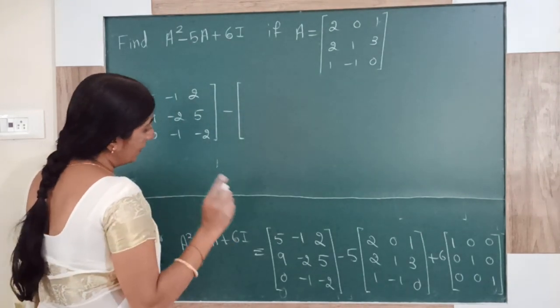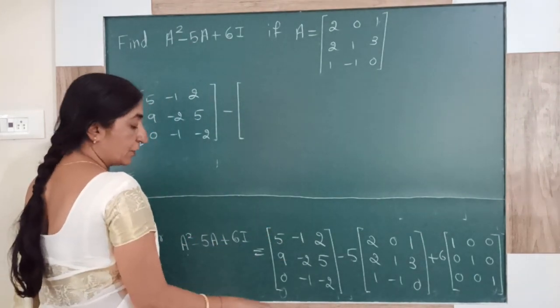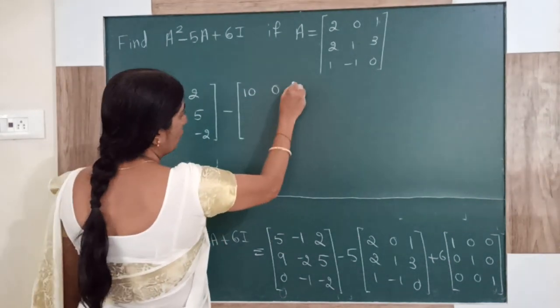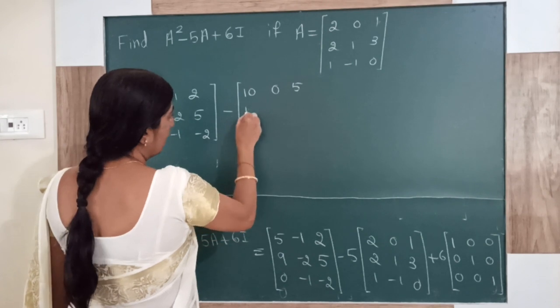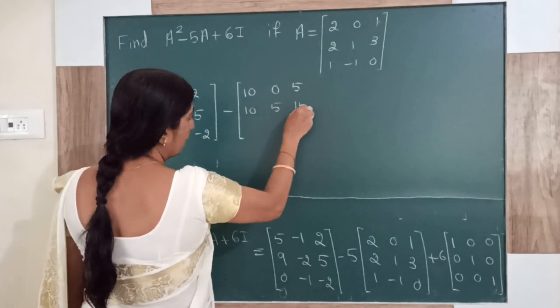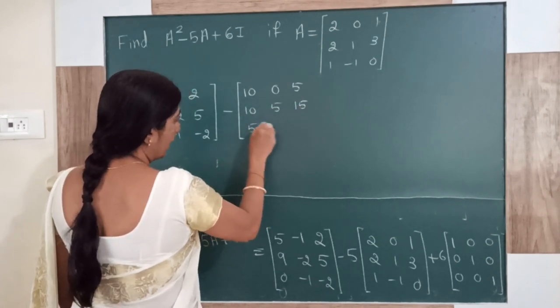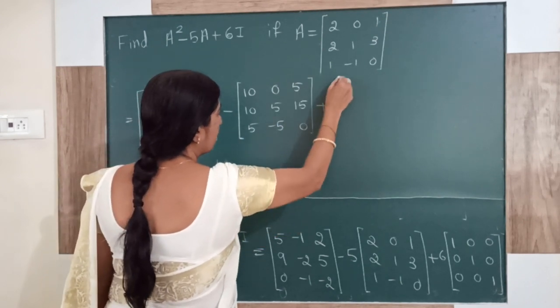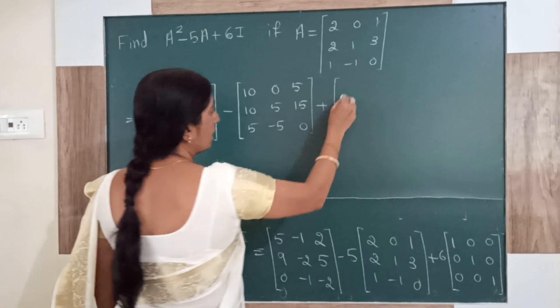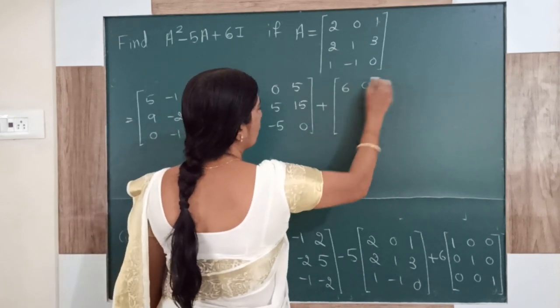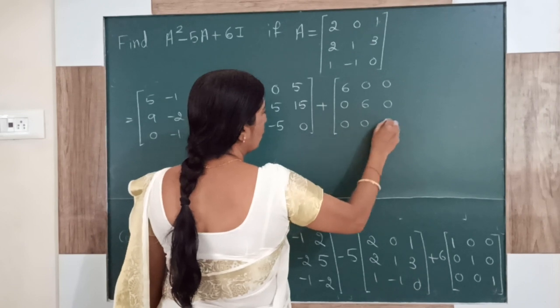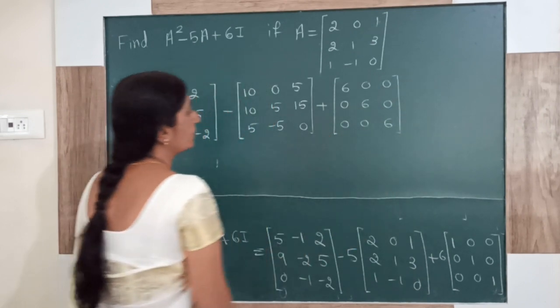Each scalar multiplication, yes, each number is multiplied with 5: 10, 0, 5; 10, 5, 15; 5, minus 5, 0. After that, take 6 inside. It is 6, 0, 0; 0, 6, 0; 0, 0, 6.